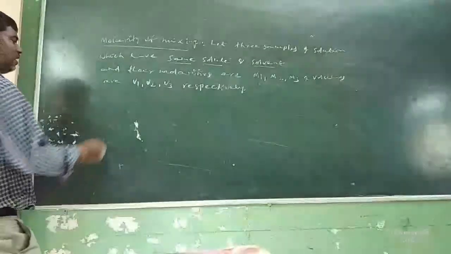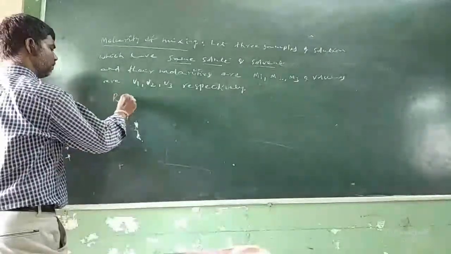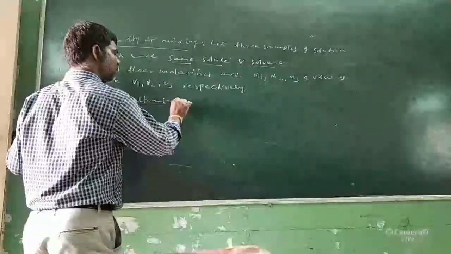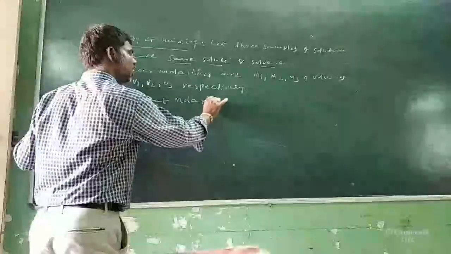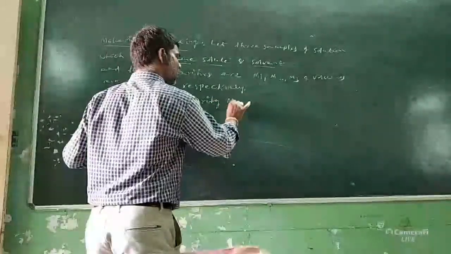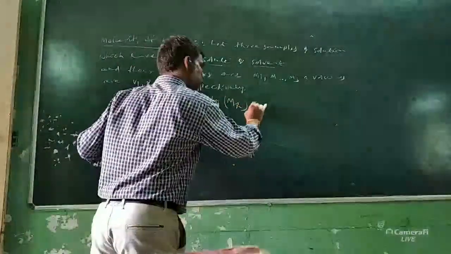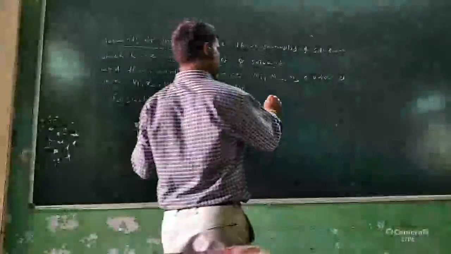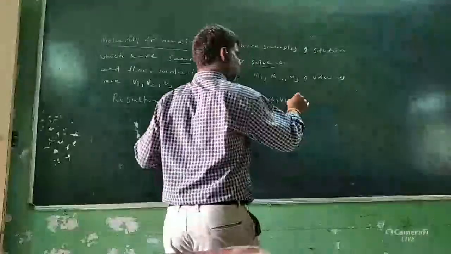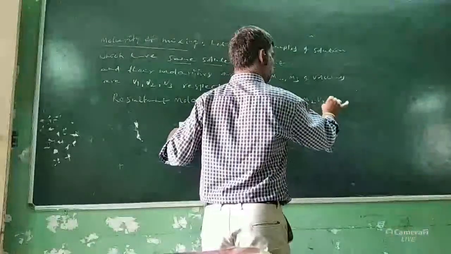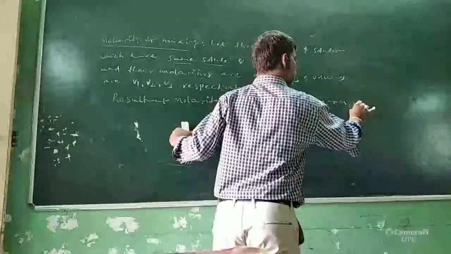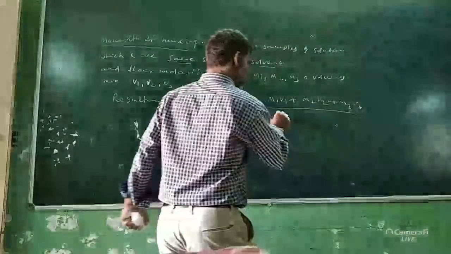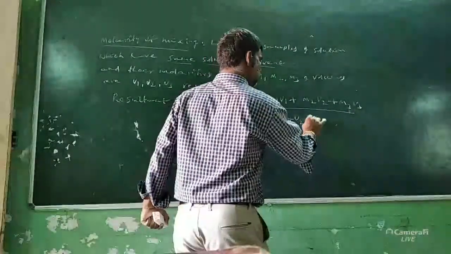Then the resultant molarity MR is equal to M1 V1 plus M2 V2 plus M3 V3 by V1 plus V2 plus V3.